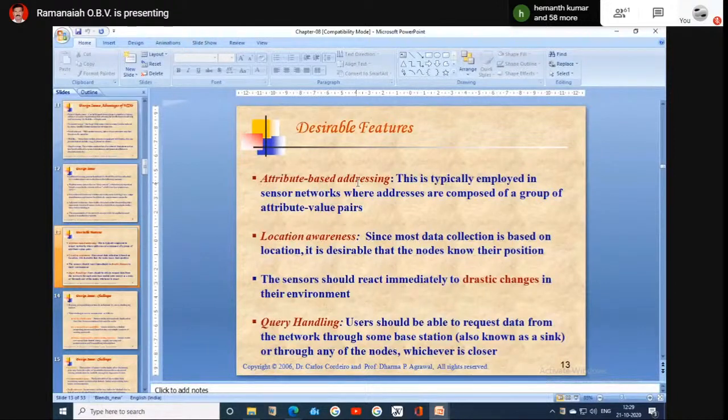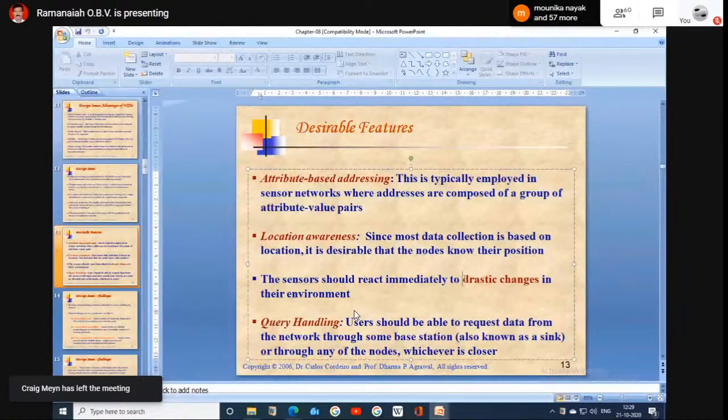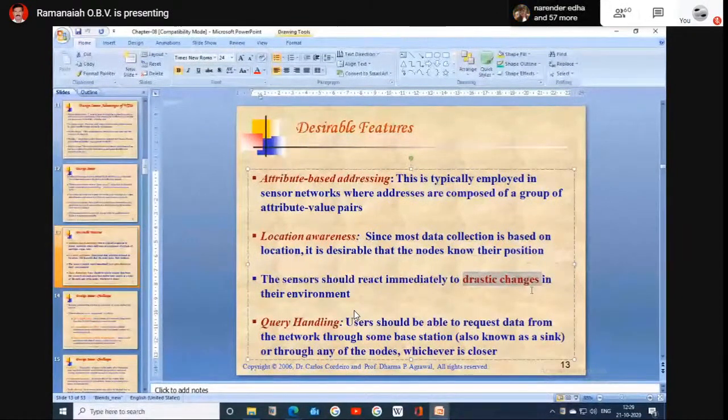Then the sensor nodes should react immediately to drastic changes in their environment. So there is a time constraint, a time limit, against deadlines. For everything there is a deadline. Before the deadline, the sensor should react.